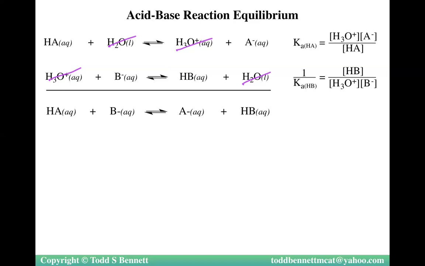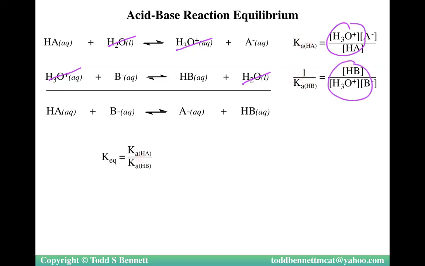Okay, when I add reactions, I multiply their K equilibriums. You add other values, you add delta G, delta H, delta S, but for K, we multiply. So if I multiply this by this, the 1 over, I'm going to find that K equilibrium is this times this, so this numerator, this denominator.